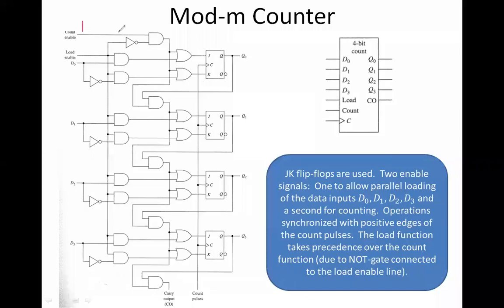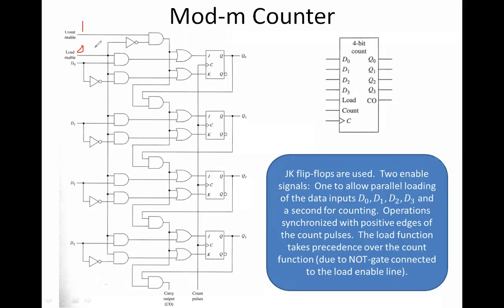So when I say count enable, this is high, and load enable, I will be giving a 0 here. I'm not loading the value. So loading and counting will not happen together. It is one after the other, or rather, if counting is happening, then load wouldn't happen.